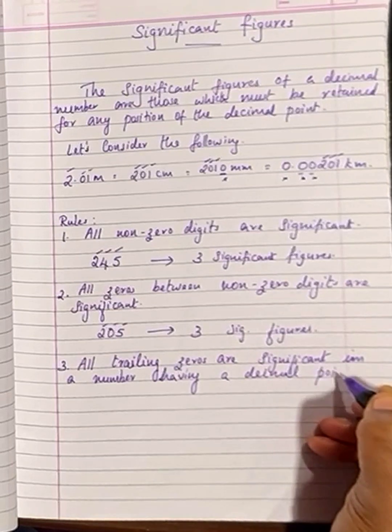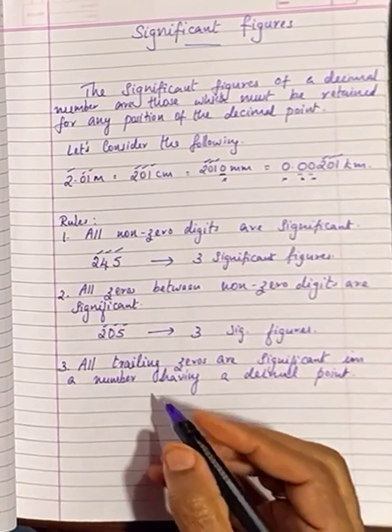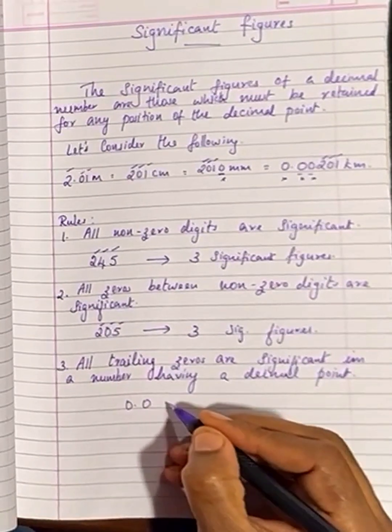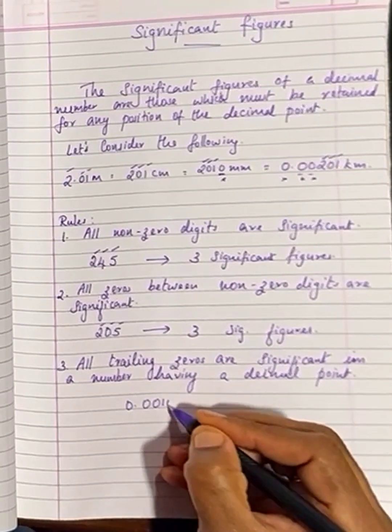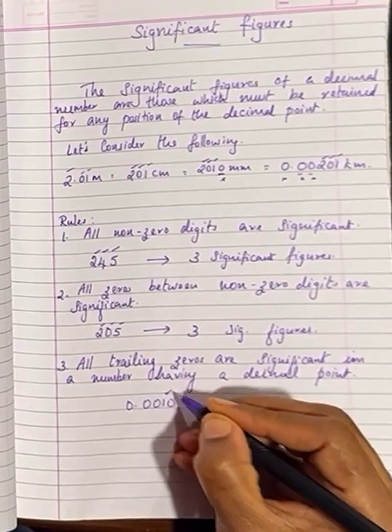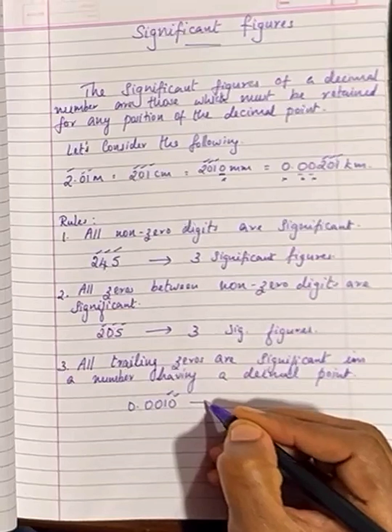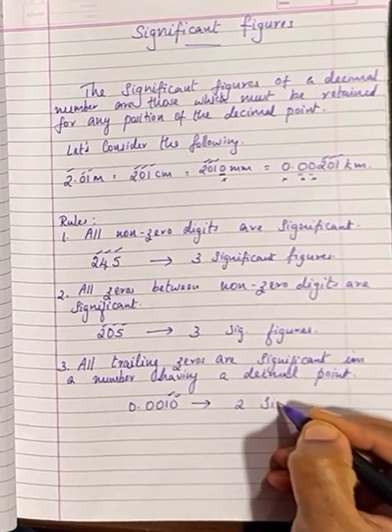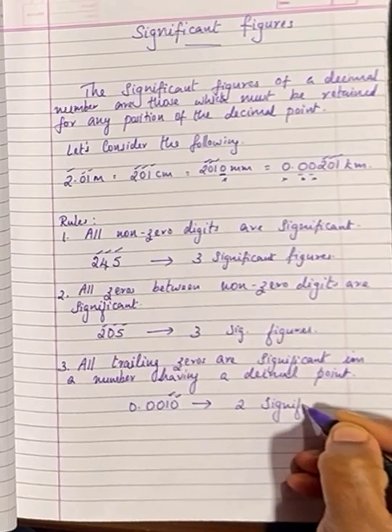Let's consider some examples here also, that is 0.0010. Here the last zero is the trailing zero, so that is also considered. There are 2 significant figures.